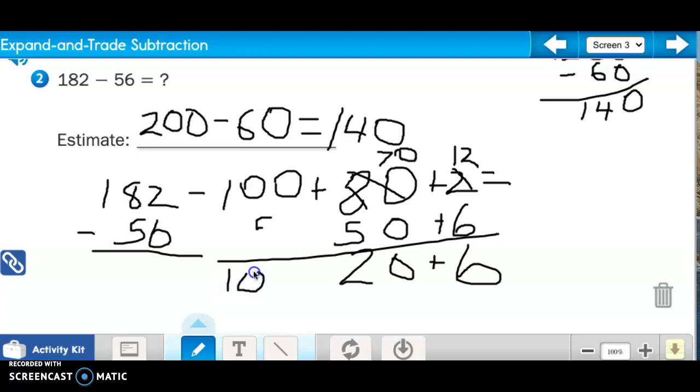So the total that we come up with is 100 plus 20 plus 6. So there's our answer, 126. And if you think about it, that's not too far from 140. Okay, so then we go on to the next one.